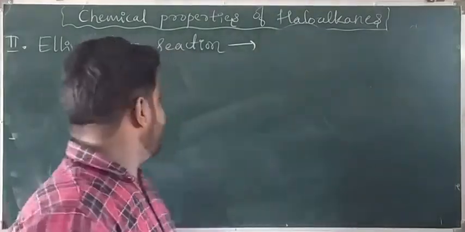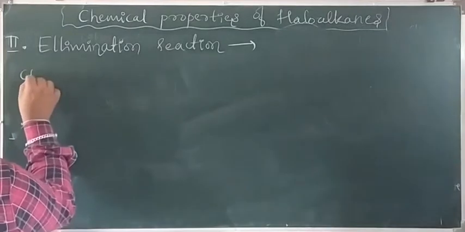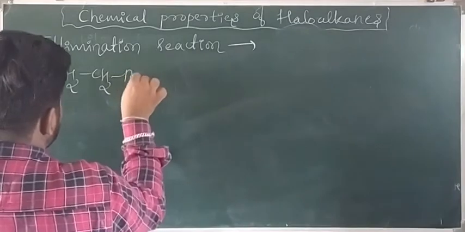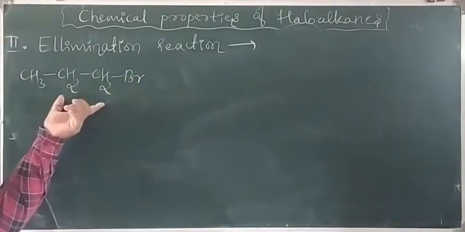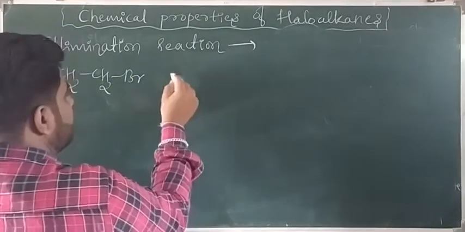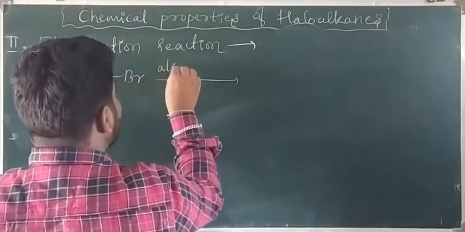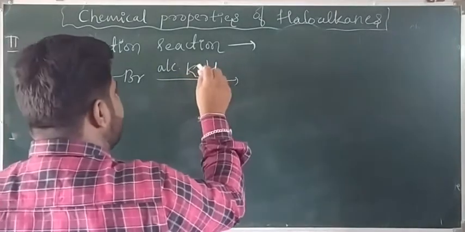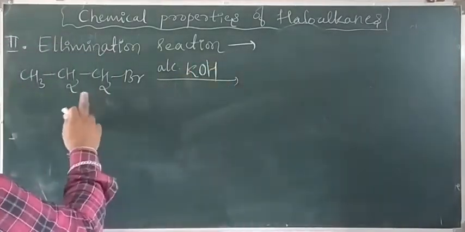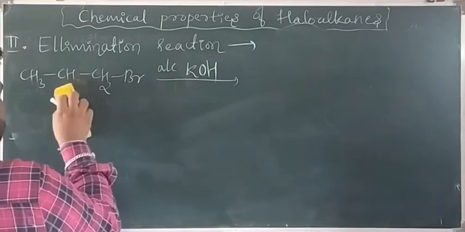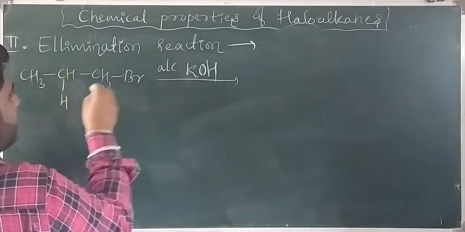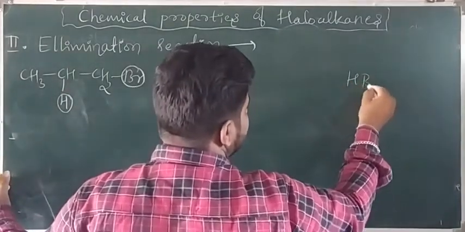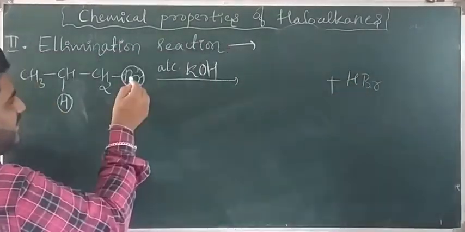Elimination reaction. Carefully see here, when you take any haloalkane, such as bromopropane, and add it to alcoholic KOH, which acts as a solvent, what happens? H from the second carbon and Br from here are eliminated as HBr.